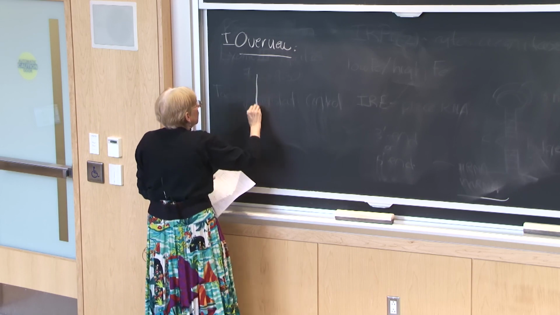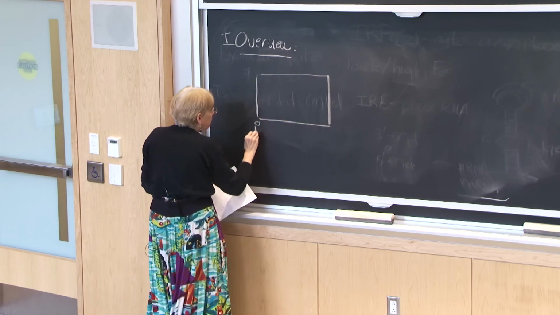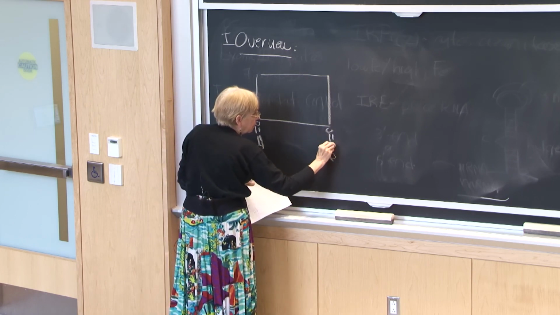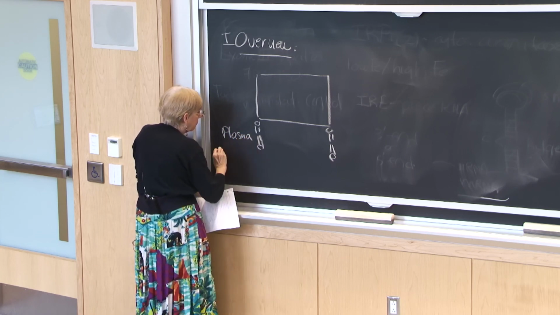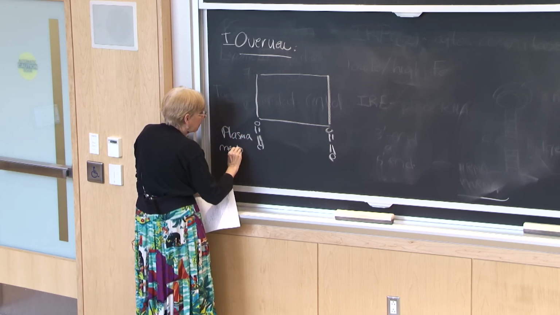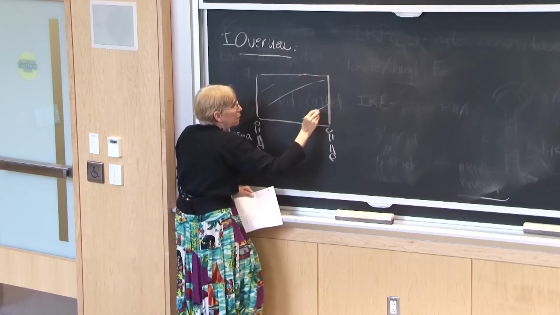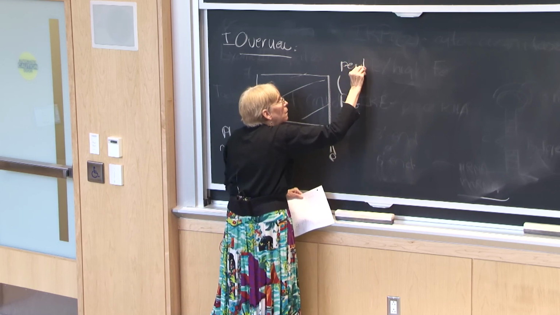Okay, so in gram-positive, here we have our plasma membrane. And this big guy here is PG, the peptidoglycan.